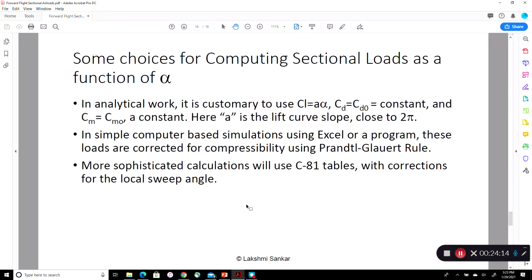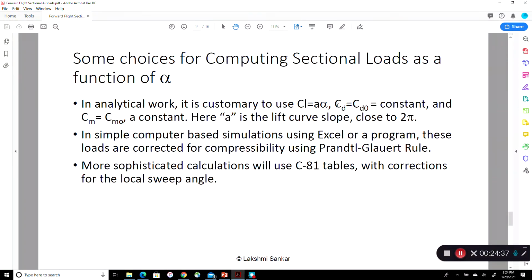If you are using a spreadsheet model or a simple analytical integration, it's common to use a linear curve with CL equal to some lift curve slope times alpha. If you don't know the lift curve slope, you'll just take it as 2 pi. If the airfoil is cambered, you'll use alpha minus alpha naught, where alpha naught is the angle of zero lift.